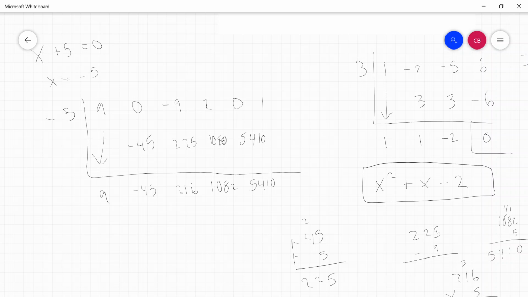Almost there, guys. I'm going to move this one over a little bit, just so I have a little bit more room to write the next number, because I didn't realize it was going to be a bunch of big numbers.